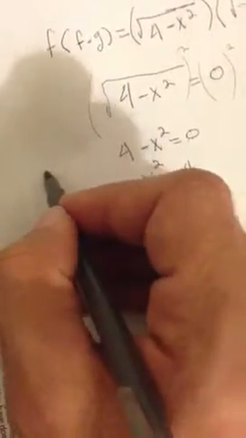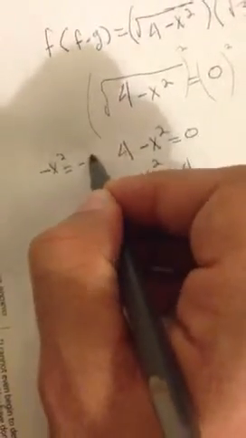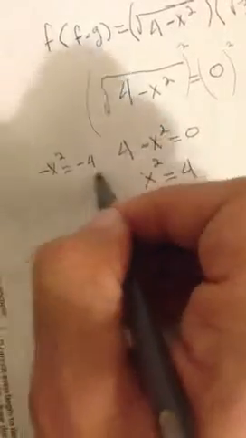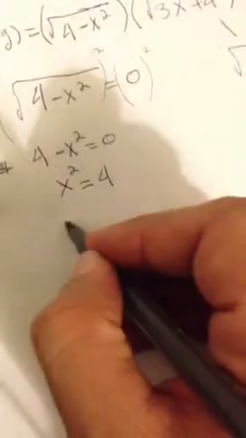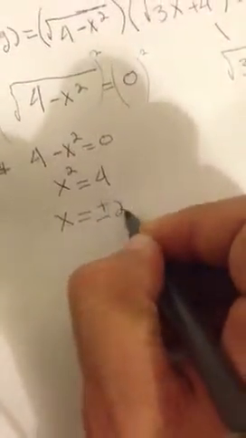It's the same thing when you do negative x squared equal to negative 4, and then you divide everything by negative and you get positive on both sides. Then we have x equal positive or negative 2.